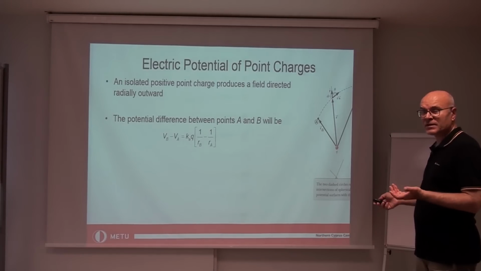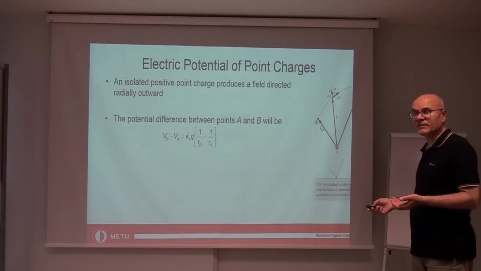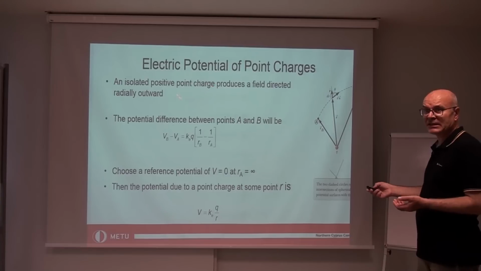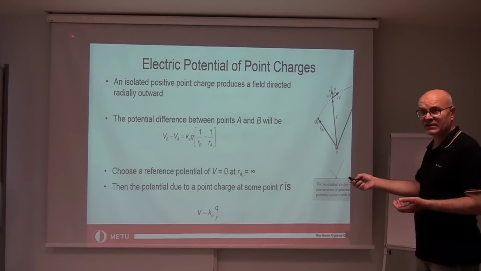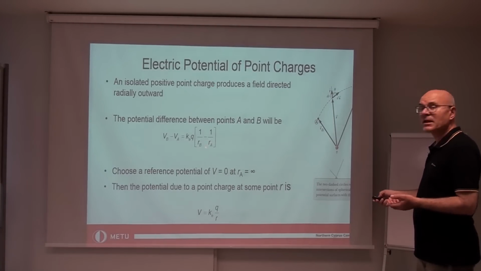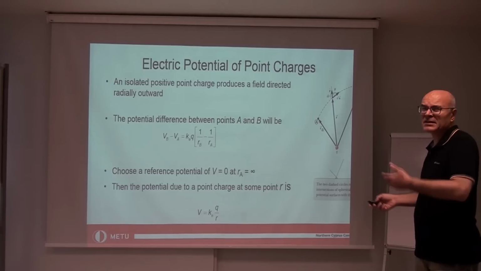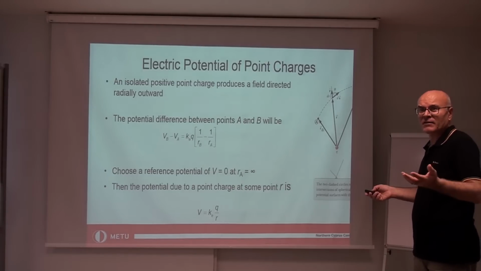Okay, so we can think of it this way. Now take your A, take this to be at infinity, send this to infinity, so that RA becomes infinity, and let B here, instead of saying that this is RB, let it be any R, a general point.